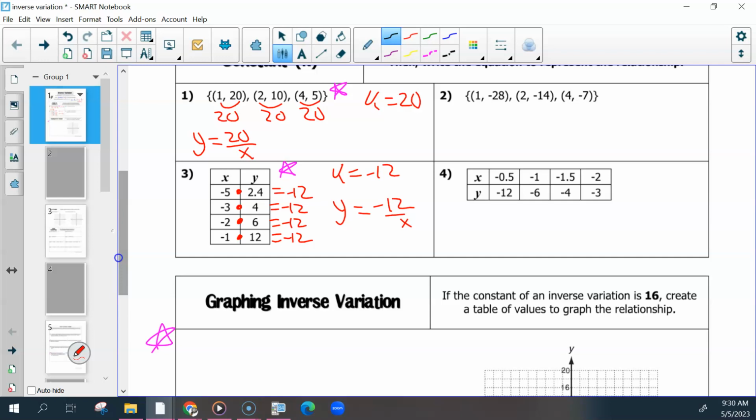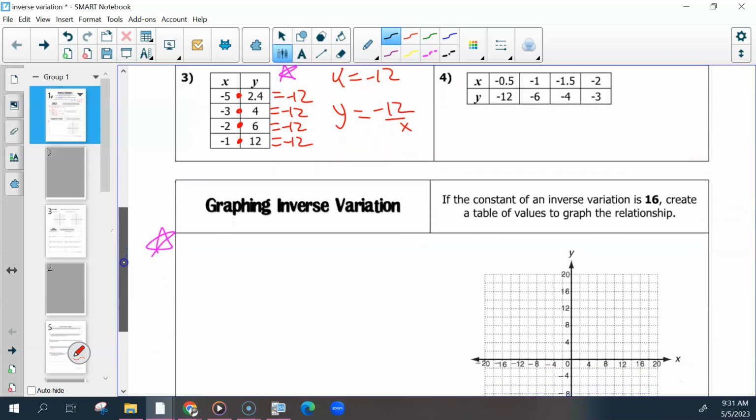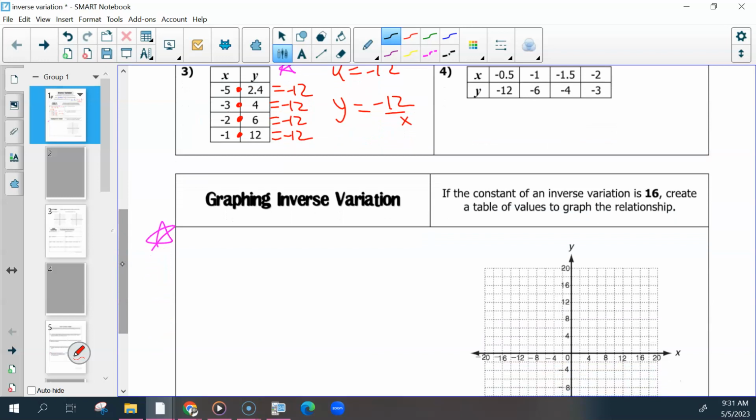You're not going to need to know how to graph it, but I'm going to show you one example so you remember what it looks like. For this example, it tells us our constant is 16. So in order to get 16, they would have had to multiply two things together to get that.